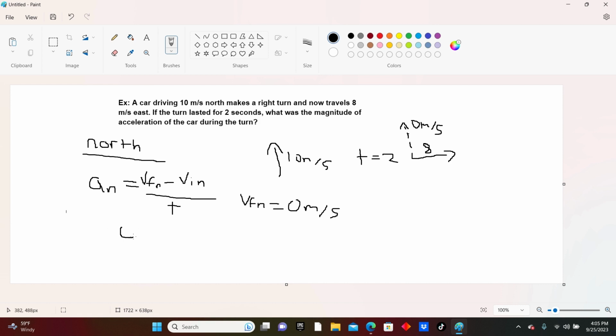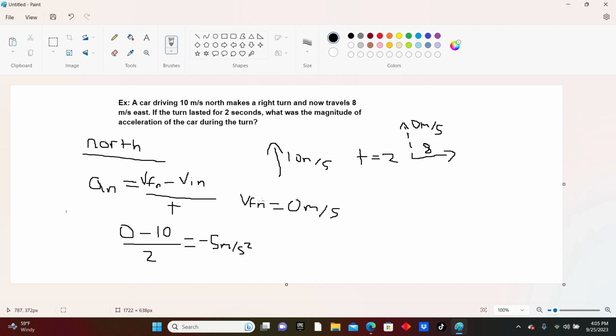We have 0 minus the initial velocity of 10 meters per second, divided by the time of the turn, which is 2 seconds, and that equals -5 meters per second squared. Keep in mind that the units for acceleration are always meters per second squared, and for velocity, meters per second. Time is just seconds, and displacement and distance are meters. That's the standard unit used for physics.